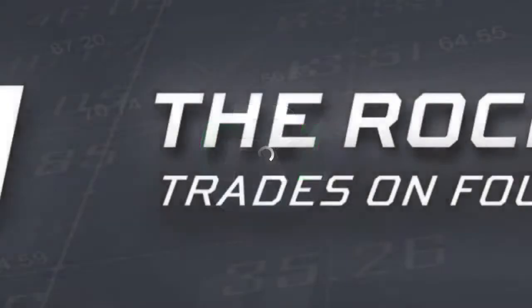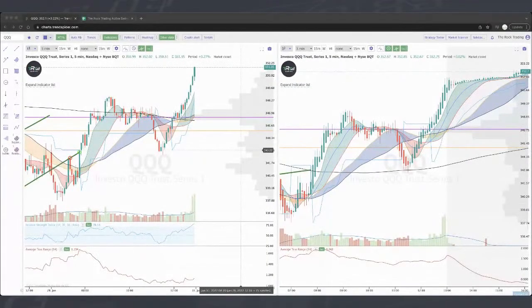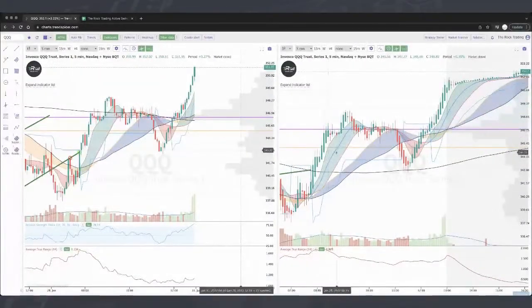Okay, press share. Now you can see that these two charts are the same but very different looking, right? What you want to look out for is obviously on this 5-minute chart, we do see a strong uptrend. Of course, in retrospect, we can always identify a strong trend, right?